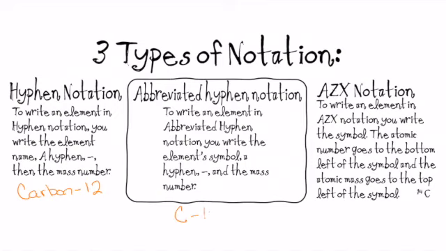So C-12. In AZX notation, you write the element symbol, so carbon. The atomic number goes to the bottom left, and the mass number goes to the top left. If there's a charge, it would go to the right.